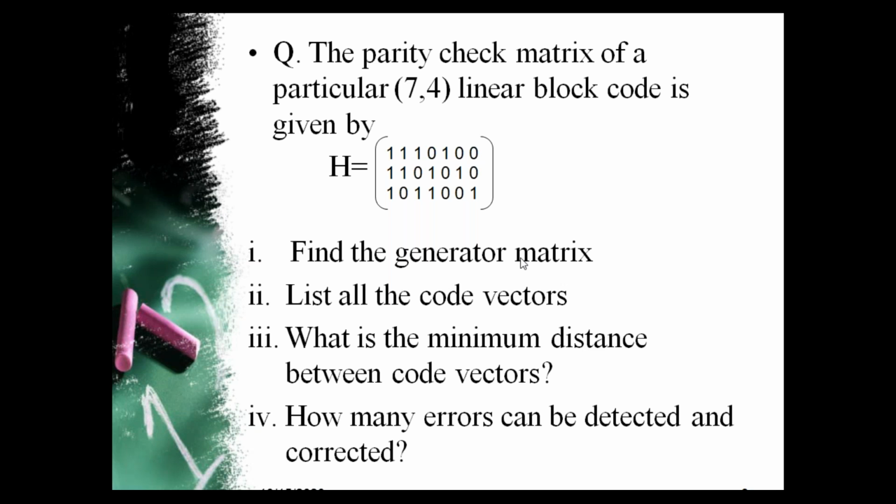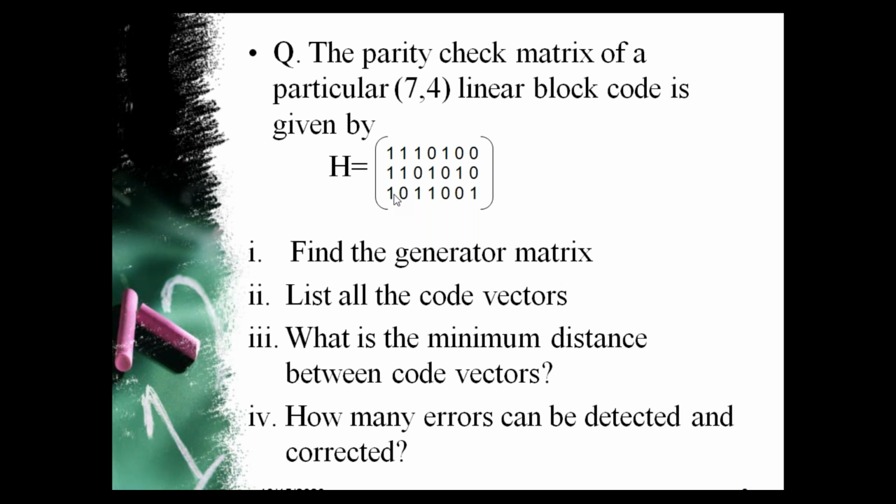The weight of a code word means the number of ones in a code word. Here, for a 7-bit code word, the weight of each code word can be determined by taking the number of ones in that code word.